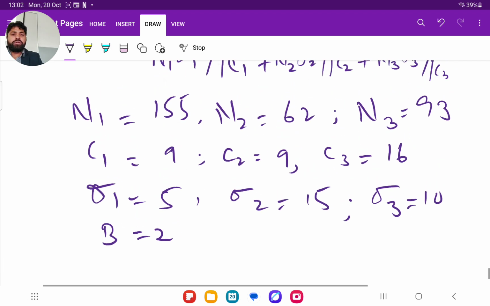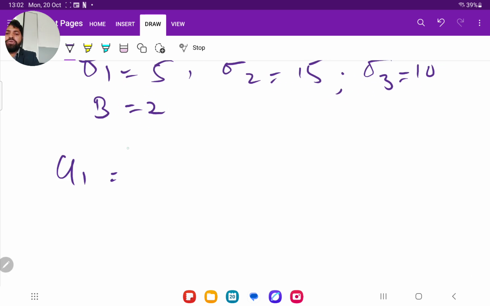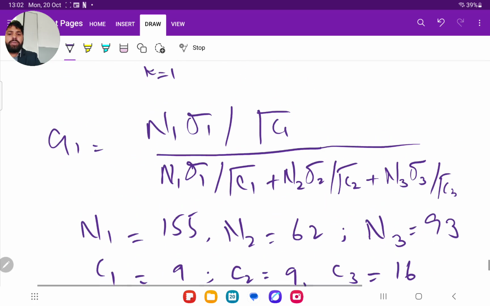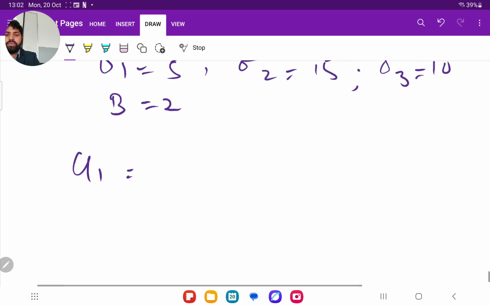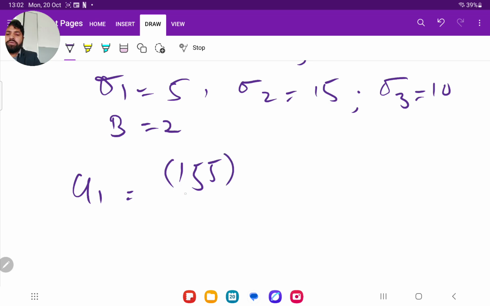So now we will put this into the formula, and A1 is equal to N1, so N1 is 155 multiplied by sigma 1.